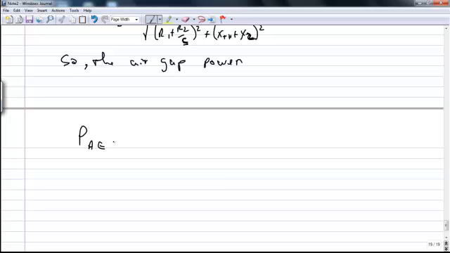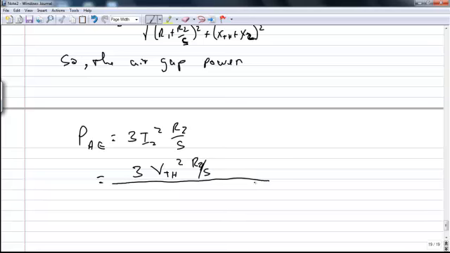Remember, air gap power is equal to 3 I2 squared R2 over S. So this equals 3 VTH squared R2 over S, divided by RTH plus R2 over S, that quantity squared, plus the quantity XTH plus X2 quantity squared.